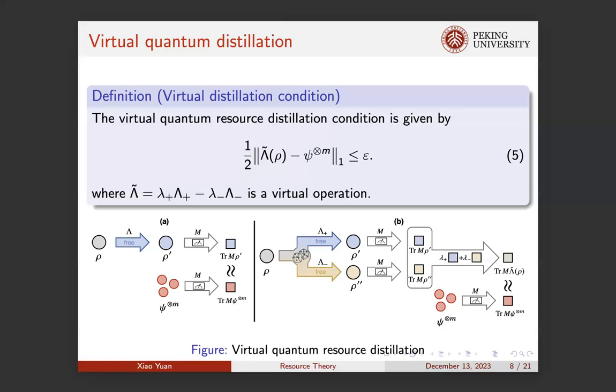But if you assume that M is a restricted measurement, my intuition is that it should definitely have some further advantage. For example, if we consider the stabilizer formalism, and entanglement in the stabilizer formalism, the maximum resource is also a stabilizer state.